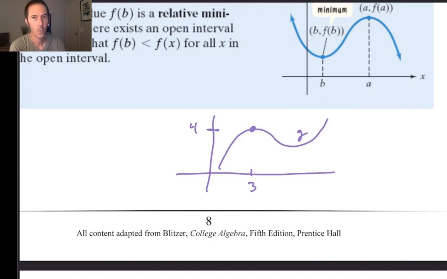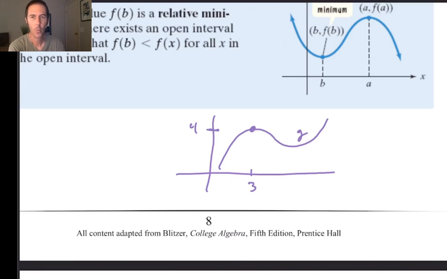You would say, why yes it does, because you look and you see that there's this kind of hill, and the hill has a high point. And I said, then what is the relative max? Would you answer with the 3 or with the 4? And the correct answer would be the 4.